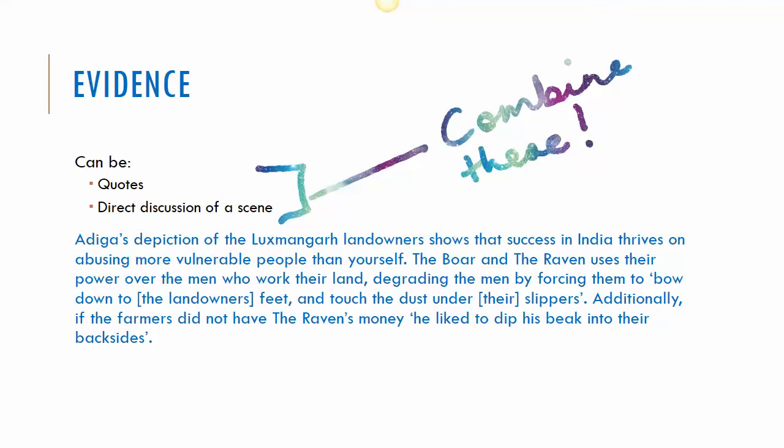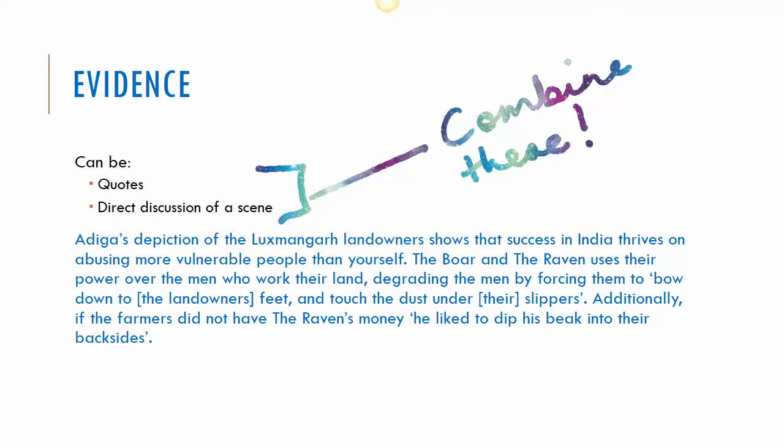The boar and the raven use their power over the men who work their land, degrading the men by forcing them to bow down to the landowner's feet and touch the dust under their slippers. Additionally, if the farmers did not have the raven's money, he liked to dip his beak into their backsides.